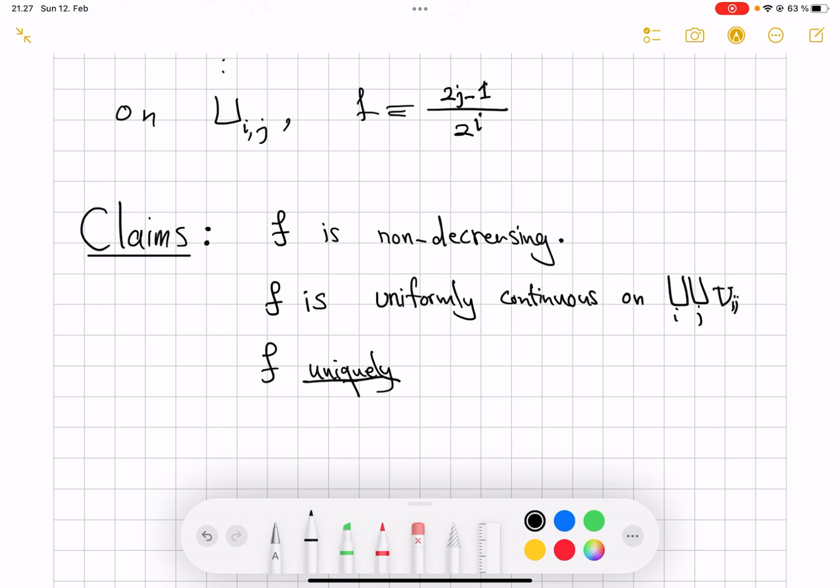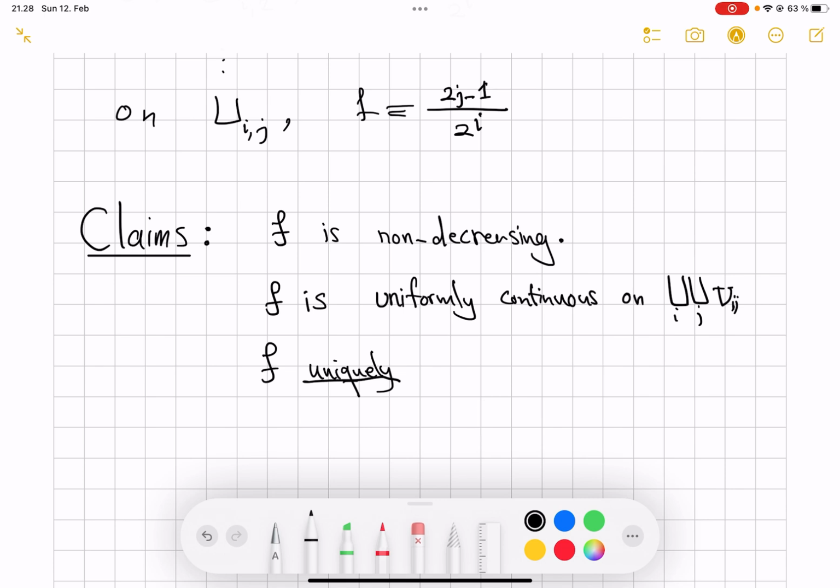You can prove it that way too, because if you have a non-decreasing function, at every point there is the right limit and there is the left limit. The only way for a function to be discontinuous would be to have a jump discontinuity, but because we proved this uniform continuity, that cannot happen.